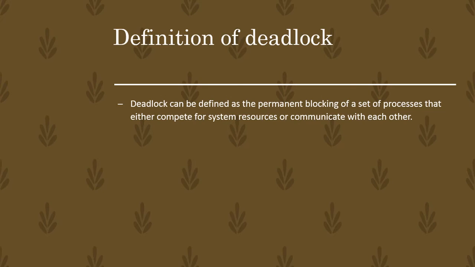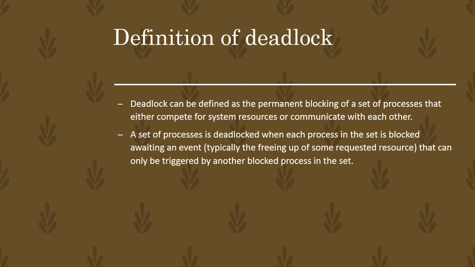Definition of deadlock. Deadlock can be defined as the permanent blocking of a set of processes that either compete for system resources or communicate with each other.